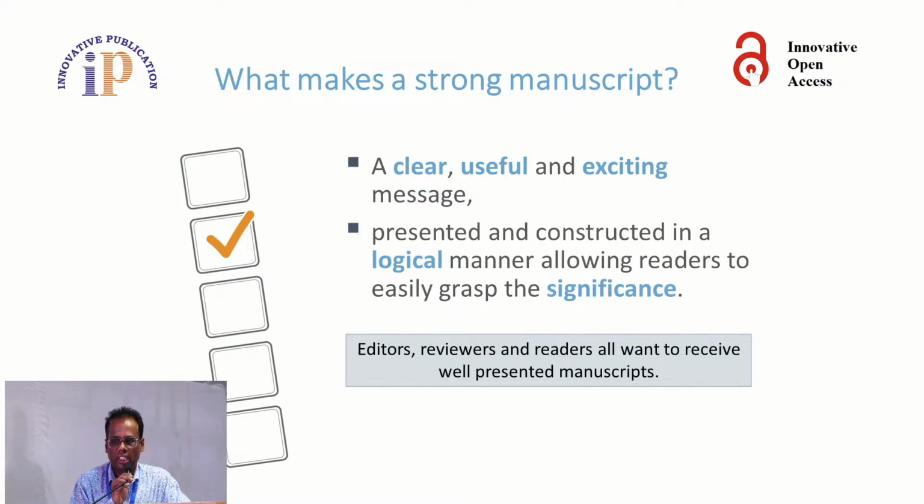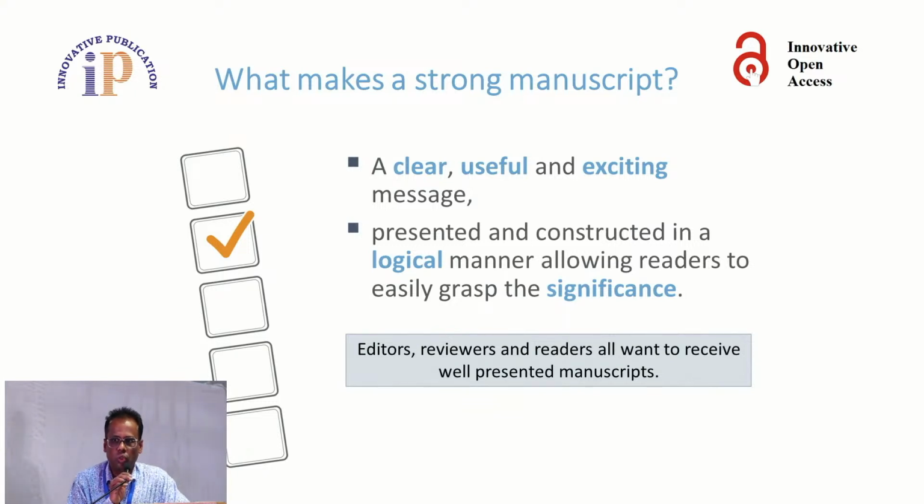What makes a strong manuscript? When we are planning to publish any content with any open access journal, we should think about a clear, useful, and exciting message, meaning what you want to deliver and what message you want to give the readers.